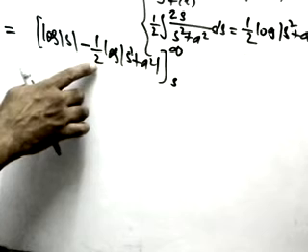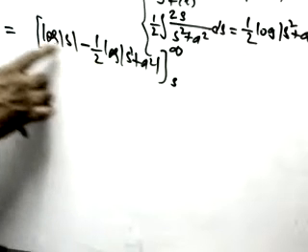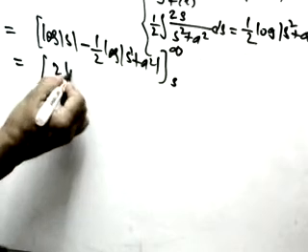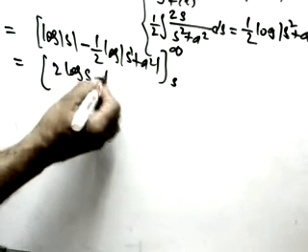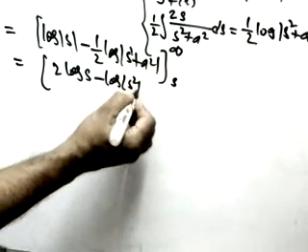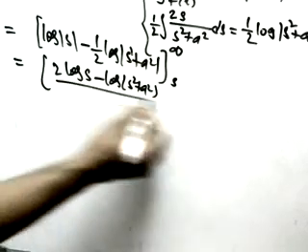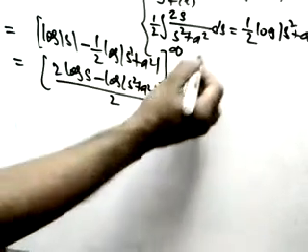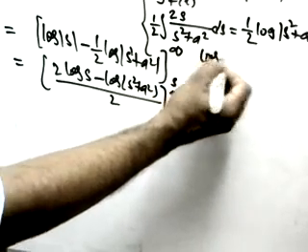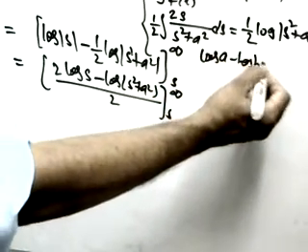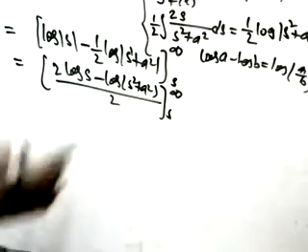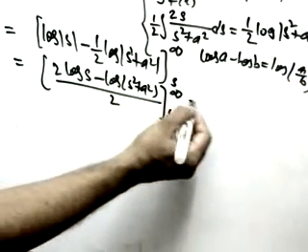Now once more, let us take the LCM. If you take LCM, this 2 will come here, so it will be 2 log s minus log of s square plus a square, divided by 2, from s to infinity. There is a formula: log a minus log b is log of a by b.